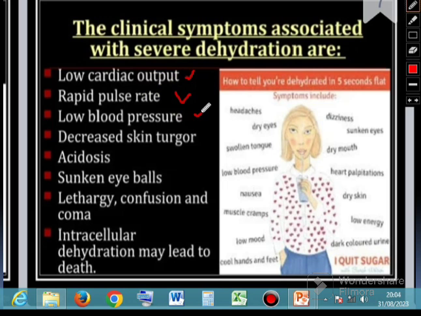Decreased skin turgor, acidosis, sunken eyeballs, confusion and coma, and intracellular dehydration, which may lead to death. Dehydration can kill you if urgent attention is not given to the patient. Okay.